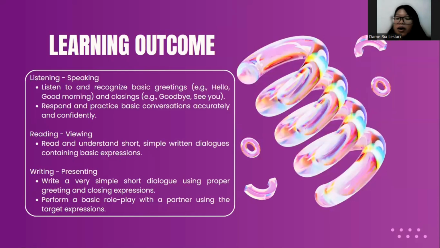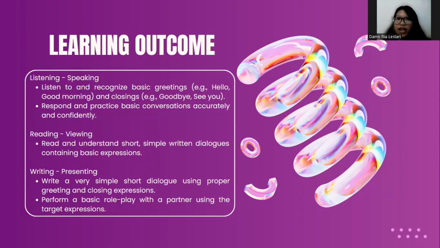And for learning outcomes, we have three learning outcomes. First is listening and speaking. Students are expected to recognize greetings such as hello or good morning, as well as closing expressions like goodbye or see you.